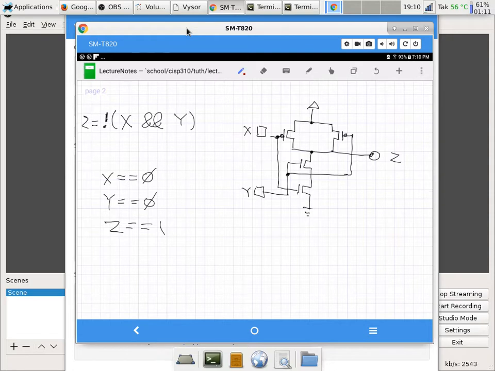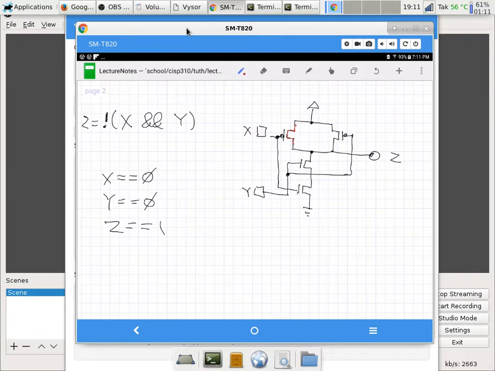Okay. So we'll take a look at this transistor first. We'll focus on this transistor and ask the question: is it going to be connecting or not? This is a P transistor because of the bubble. But the bubble is also basically saying if the input is high or if the input is 1, then it is off.